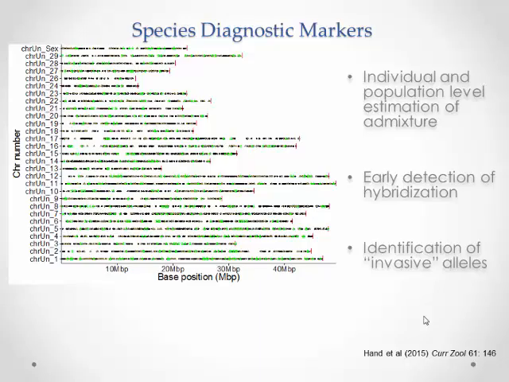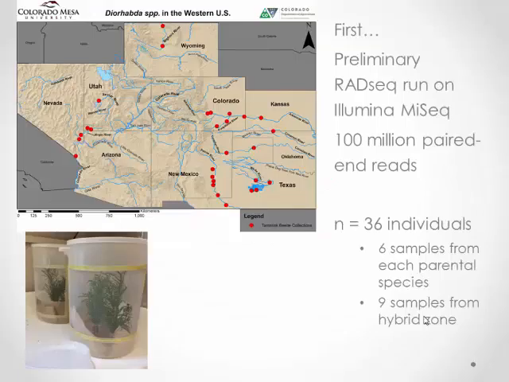So in this figure, this is salmonid, and these are the chromosomes mapped out. So each chromosome in one individual and across the length of the chromosome. And these green lines are species diagnostic markers for one species. So this is what we're developing for the Tamarisk leaf beetle now across parental populations.